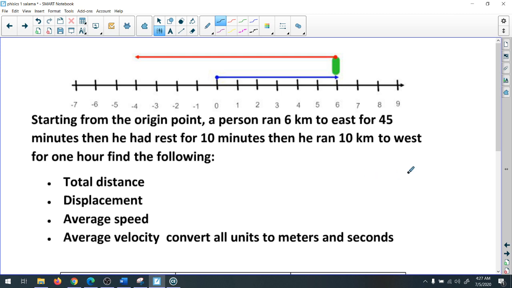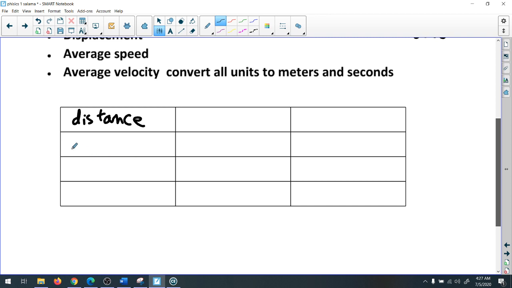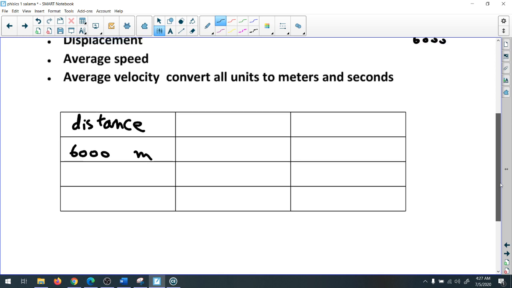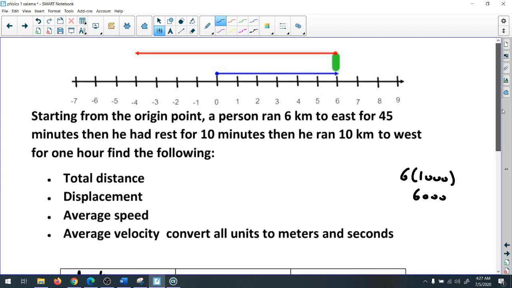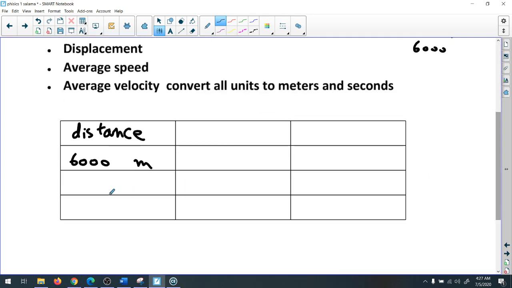It's 6 times 1,000, which is 6,000 meters. Then the second distance is 0, because he got rest over here. So 0 meters.